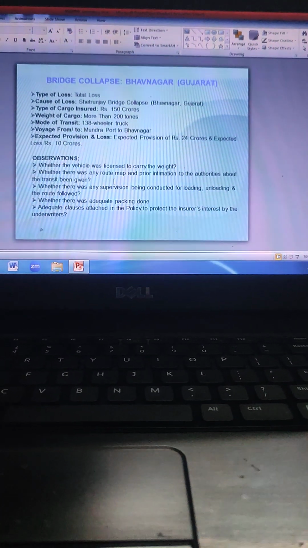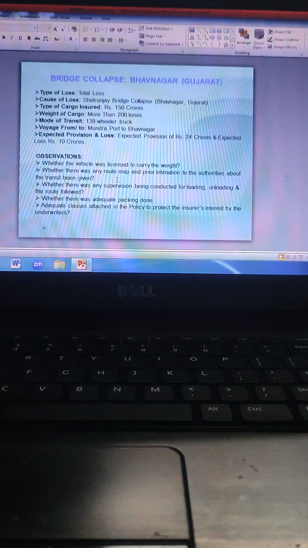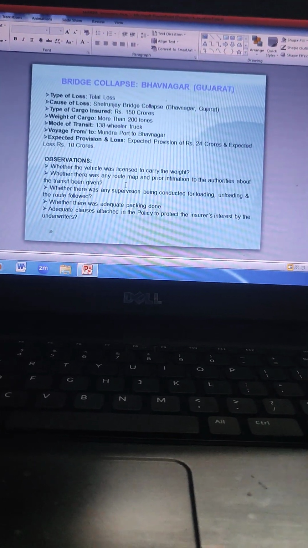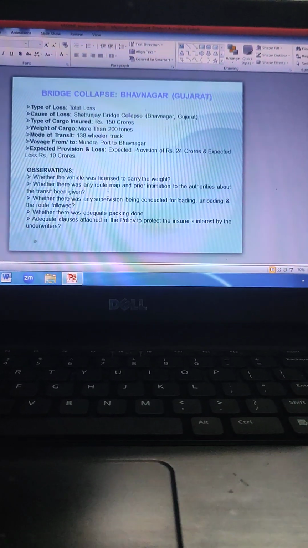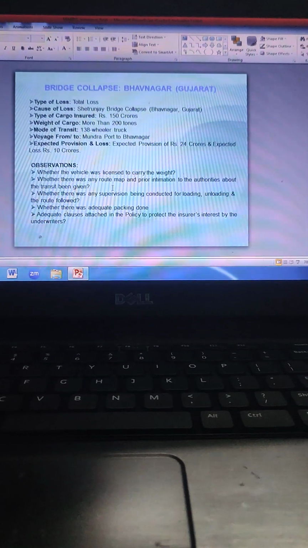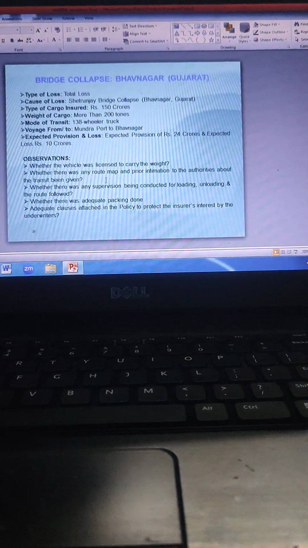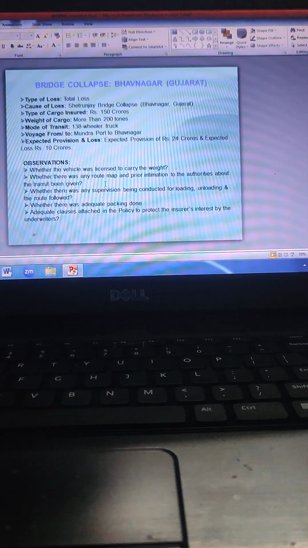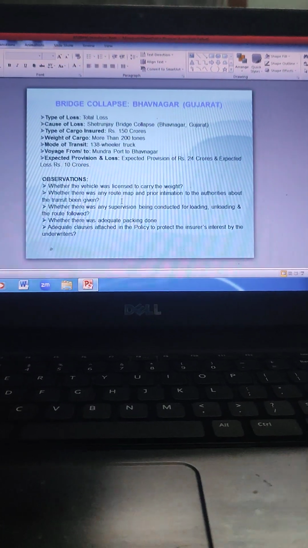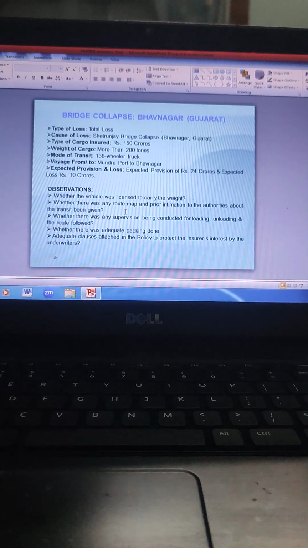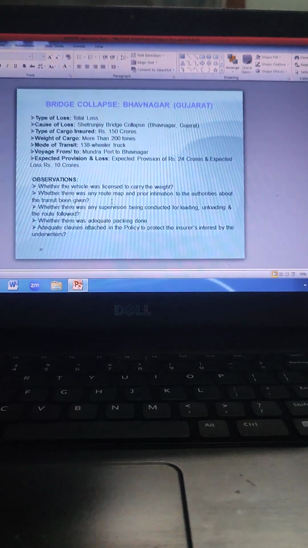Value of cargo is shown as 150 crore, weight of cargo more than 200 tons. Mode of transit: 138 wheeler truck. Voyage from Mundra Port to Bhavnagar. Expected provision for loss 24 crore and expected loss 10 crores.